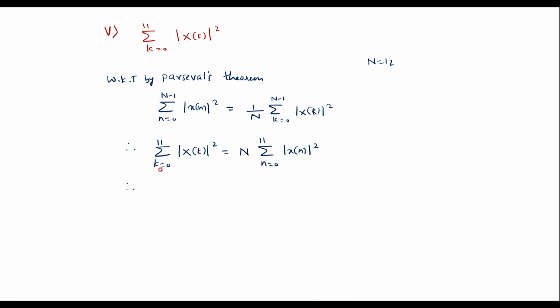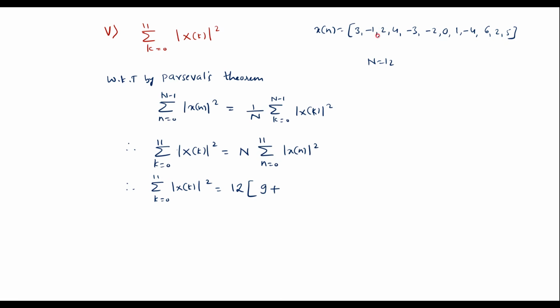Simplifying this, we keep this term as it is because we need the same function: summation k equal to 0 to 11 of x of k square is equal to N, which is 12, times the sum of squares. Here x of n is the given sequence, so we take the square of each sample. Expanding the summation, for n equal to 0, x of 0 is 3, and 3 square is 9.